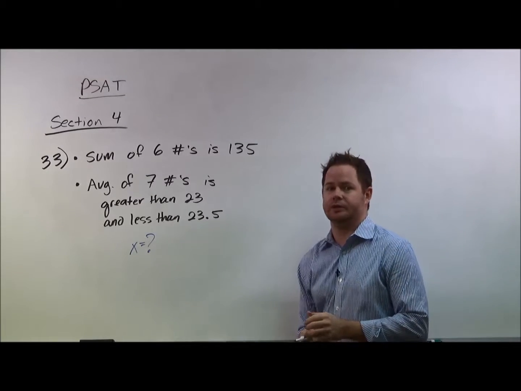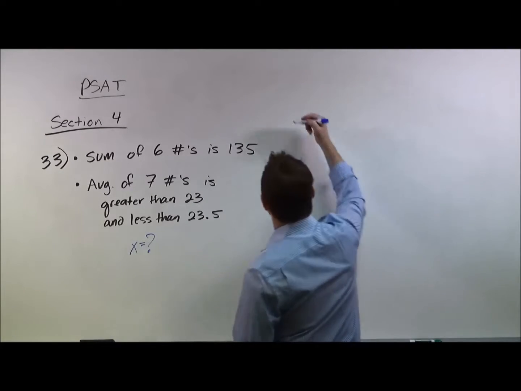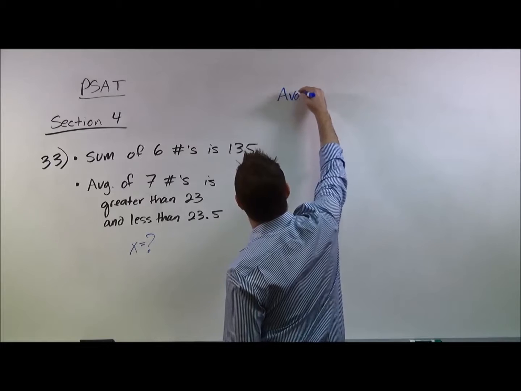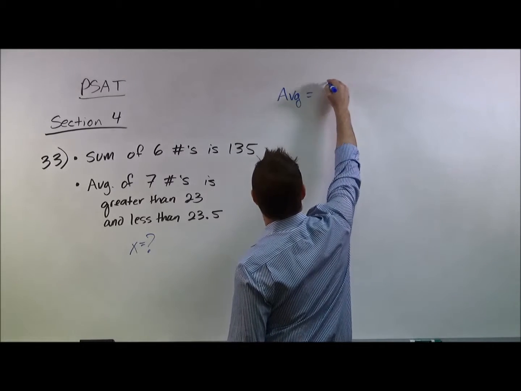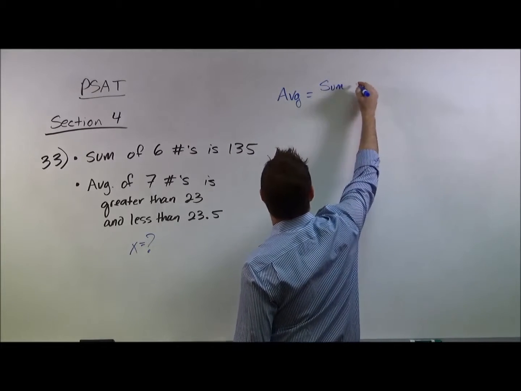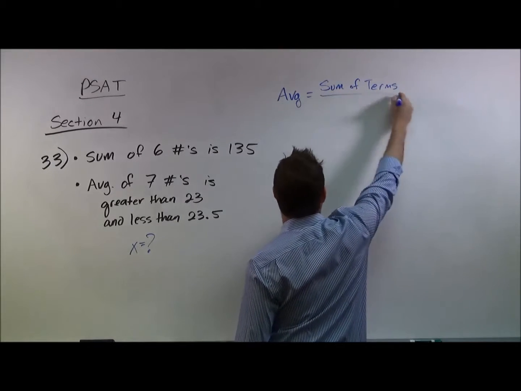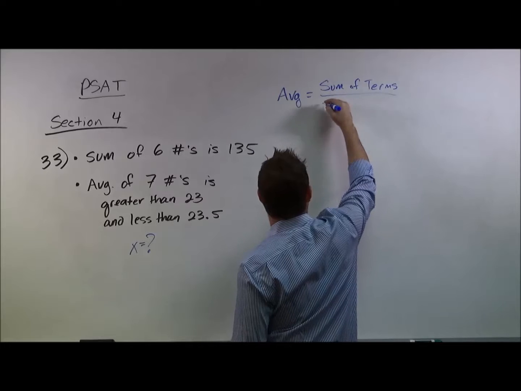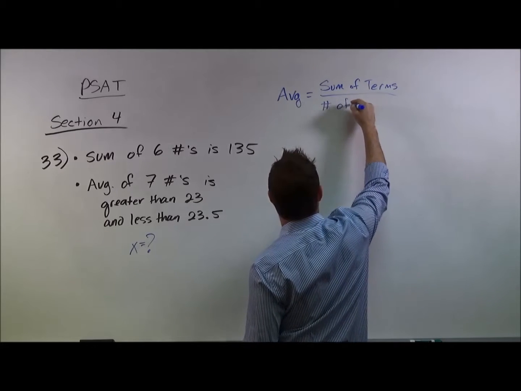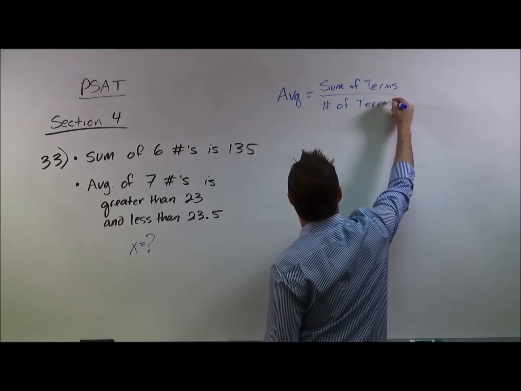Okay, so first we have to know the equation for average. And what is that equation? Hopefully you're saying to yourself something like, oh, for average you add them all up, and you divide by however many. A good math way of phrasing that is the average is the sum of terms over the number of terms.